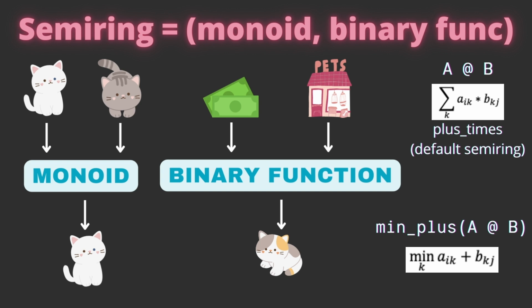The two inputs and the outputs must be the same type. Normal matrix multiply uses plus as the monoid and times as the binary function. We call this the plus times semiring. In single source shortest path, we use the min plus semiring, where we use min instead of plus and plus instead of times. There's more you need to know about monoids.